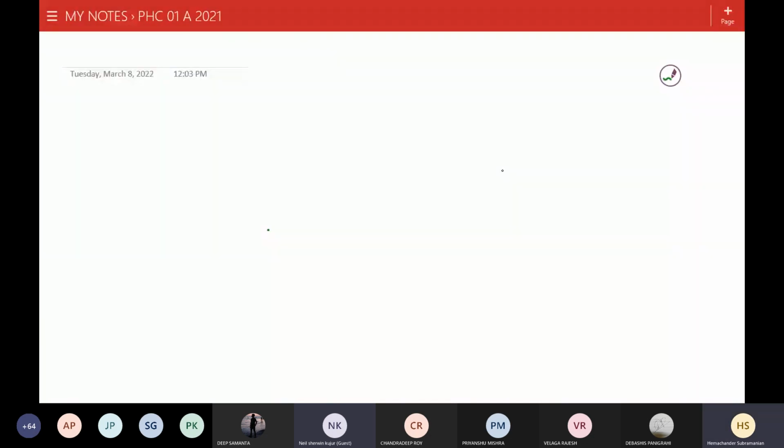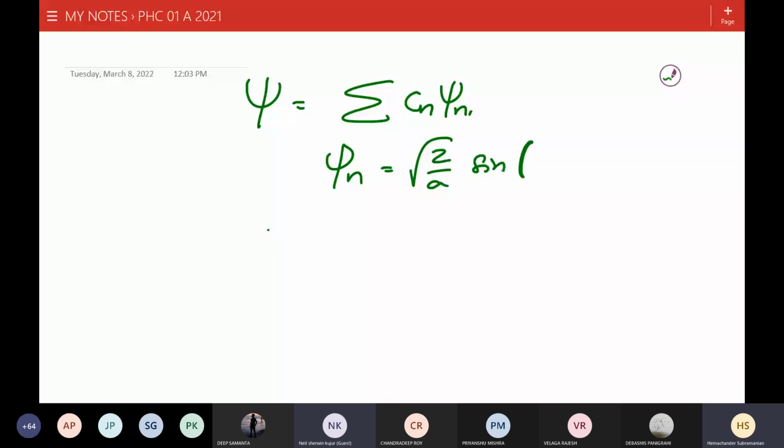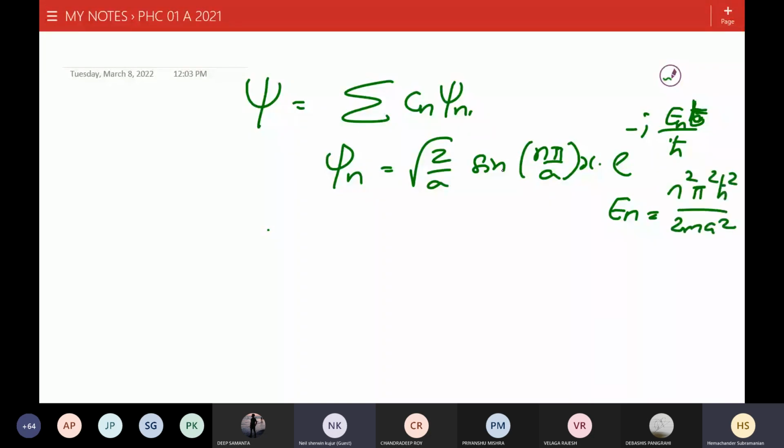Okay, so basically, we have written down the general solution. The general solution psi is the sum of Cn psi n, where psi n is square root of 2 over a, sine(n pi x over a), times e^(-i En t over h bar), where En is n squared pi squared h bar squared over 2m a squared.